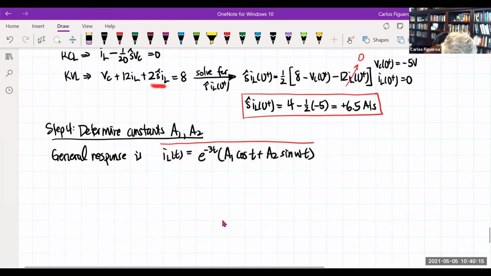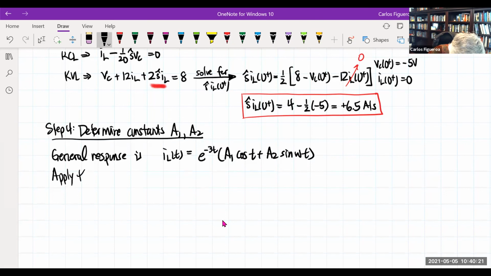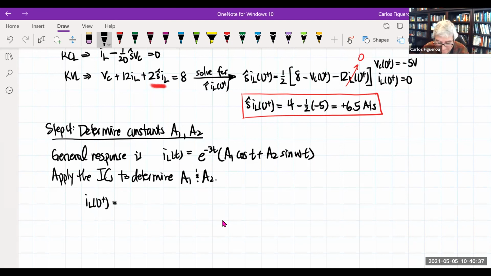And I'm going to apply the initial conditions to determine A1 and A2. So here I go. I know that IL of 0 plus is then going to be what?